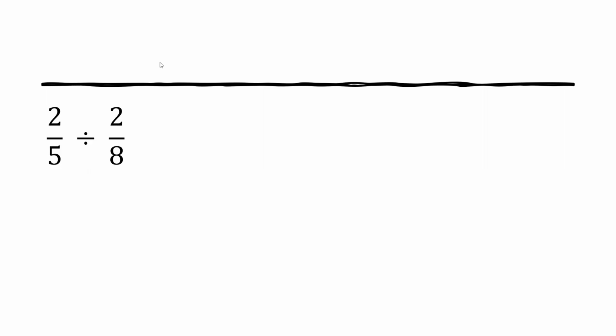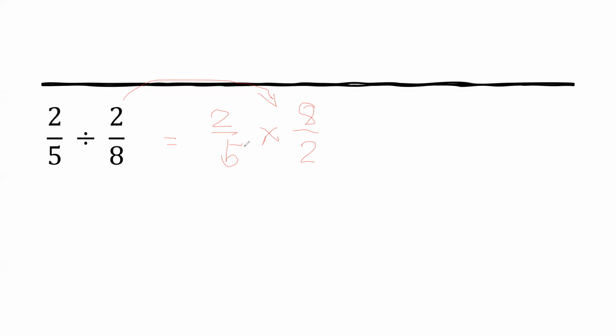So, ibig sabihin po niyan ay 2/5 times 8/2. Kailangan natin baliktarin ang ating divisor. Okay? 8/2, sorry. Bakit na pagkasulat ko? This will be 2. Okay? That will be 8/2.